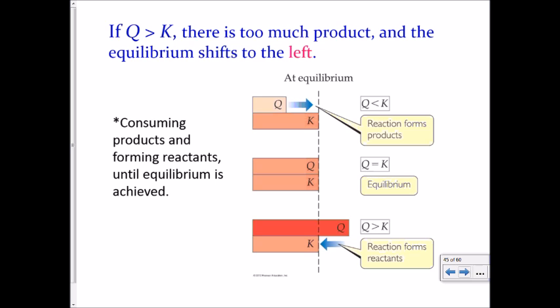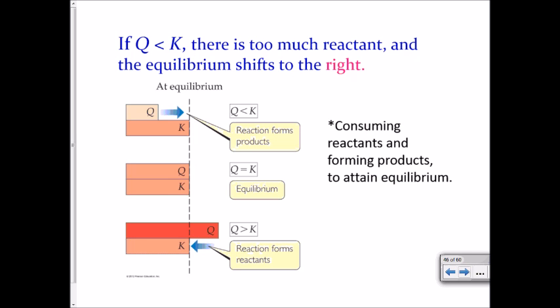Now, if Q happens to be less than K, there is going to be too much reactant. So you must proceed towards the products, consuming reactants, forming products to attain equilibrium. And if you think about it, remember in general, K equals products over reactants, right?